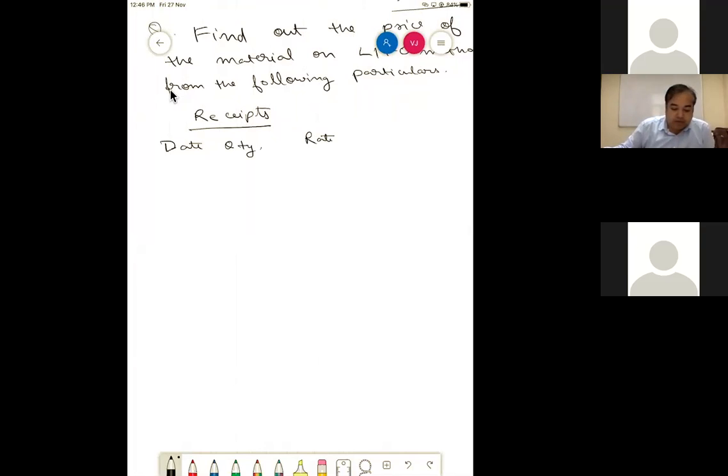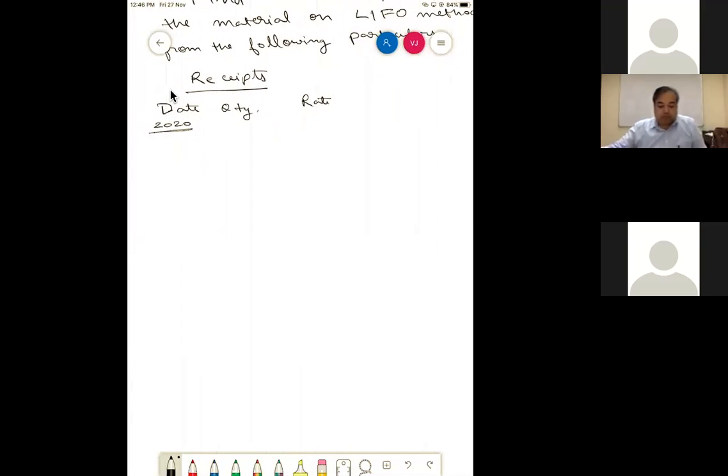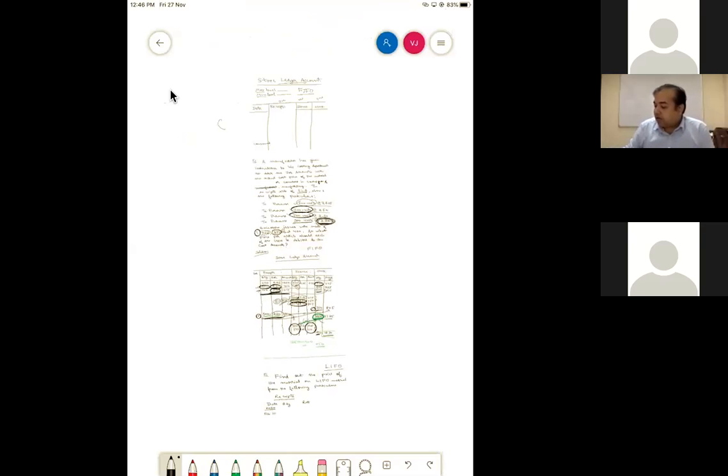So date, first one, let us make it 2020. All dates are of 2020. And you can note it down from February 10. The receipt that was being made was of, now, unit.